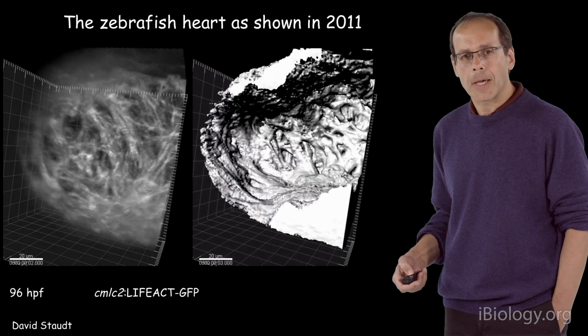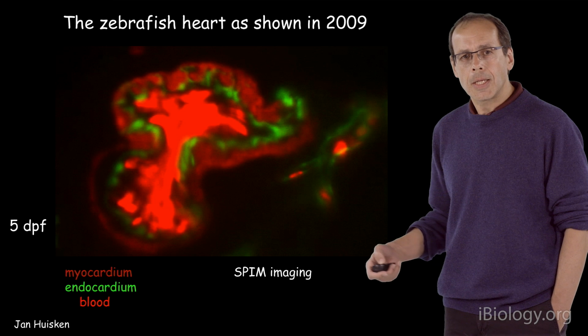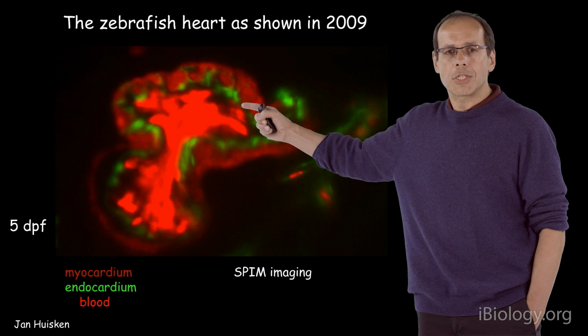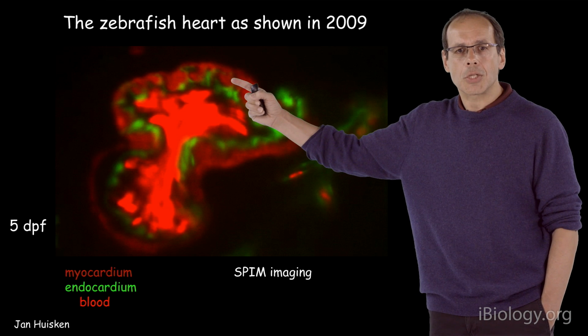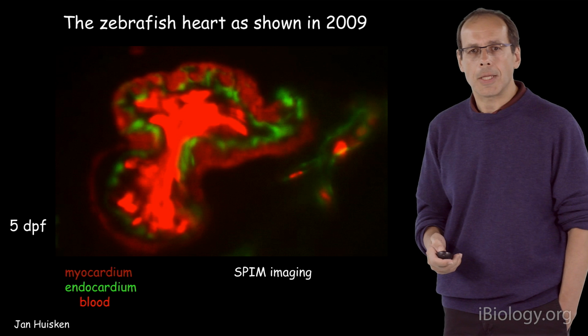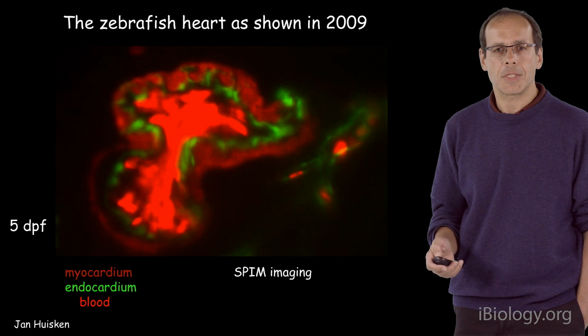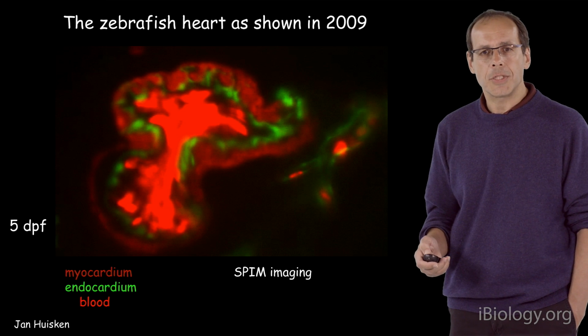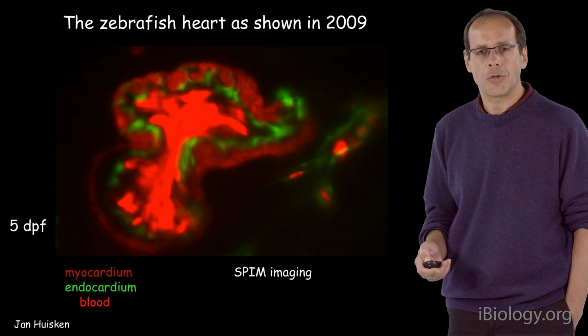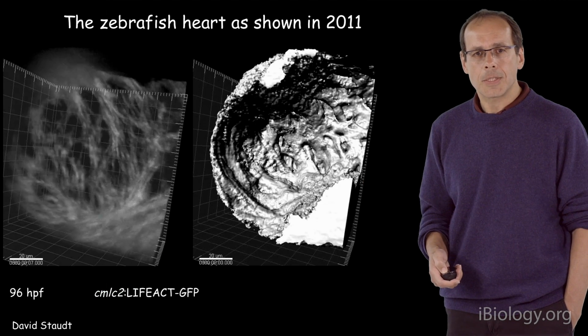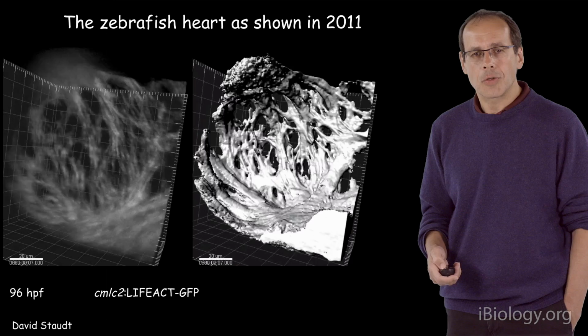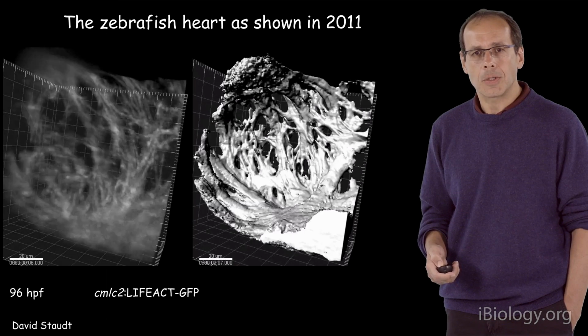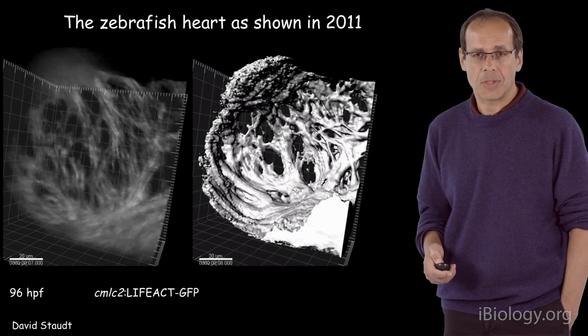Let's come back to the previous slide. Again, these are the ridges that we're seeing here in cross sections, and these are the trabeculae. In the second part of this series, we'll be looking at how these cardiac trabeculae are forming.